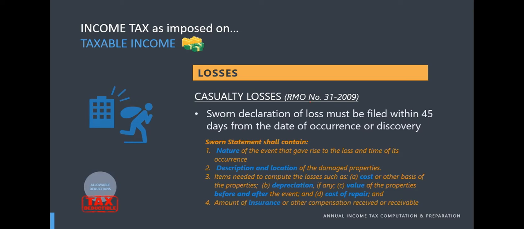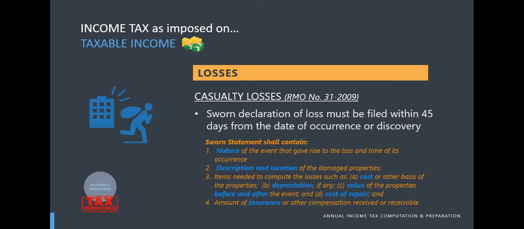So most of the properties are actually under insurance. Buildings, cars, or vehicles are under insurance. So any amount received from the insurance company shall be deducted from the total casualty loss.